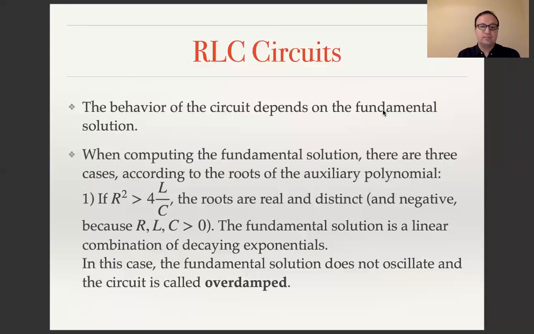Then the fundamental solution is a linear combination of decaying exponentials. And in this case, the fundamental solution does not oscillate, and the circuit is called overdamped. So in this case, the fundamental solution just has exponential decay.